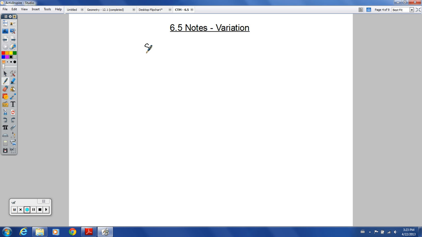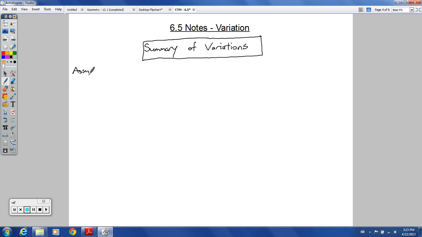We are going to begin with a summary, actually. So the book goes through a little more depth, a little more detail in this, but we're just going to summarize everything here. So a summary of variations right up here towards the top. We can assume that we're going to have some letters representing things down in these equations.